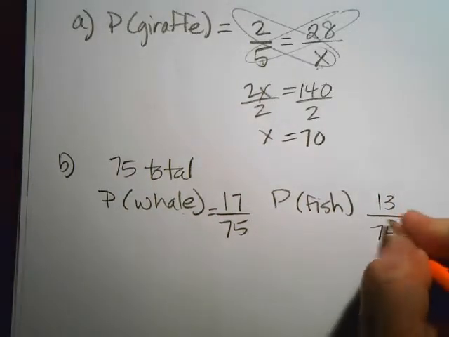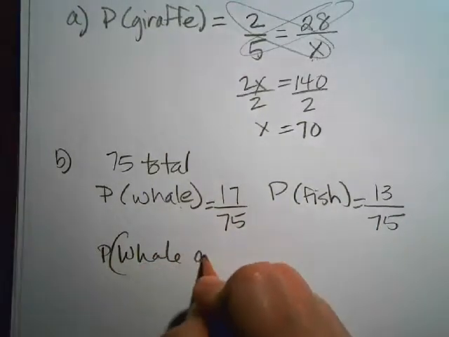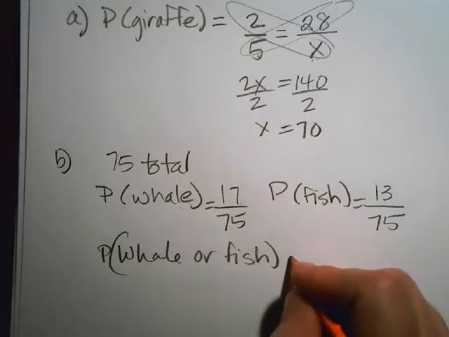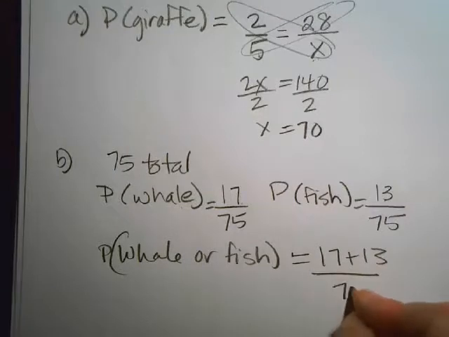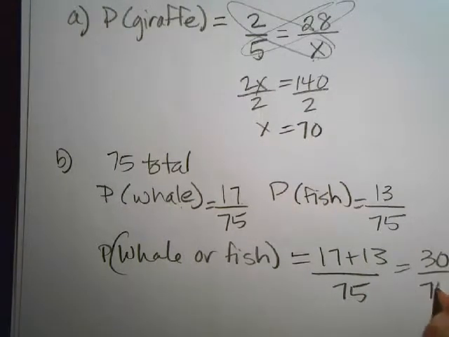So the probability of getting a whale or a fish would be 17 plus 13 out of 75, so 30 out of 75.